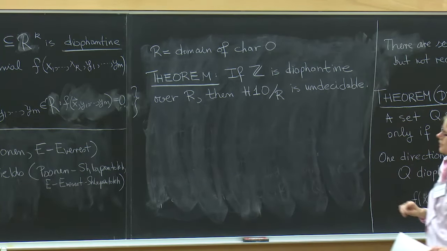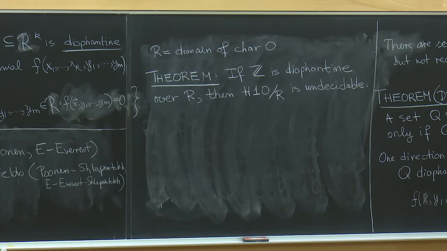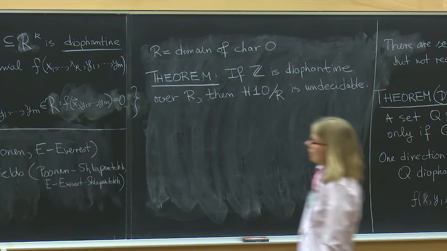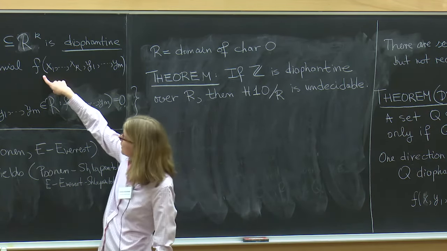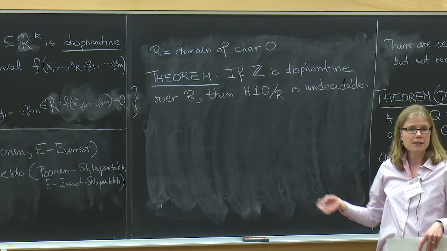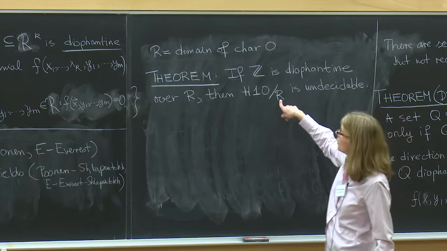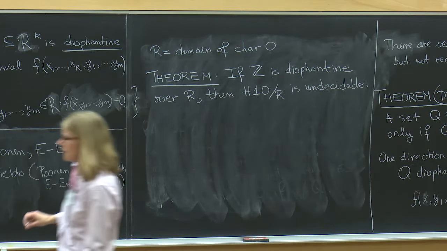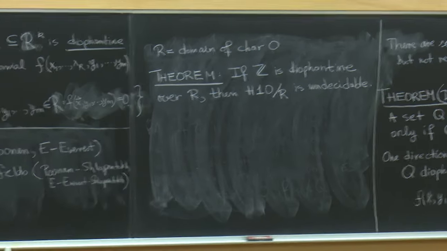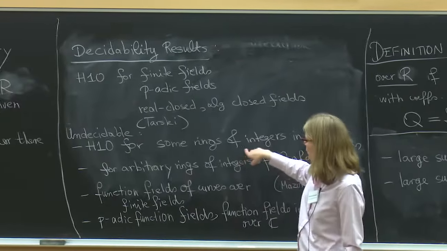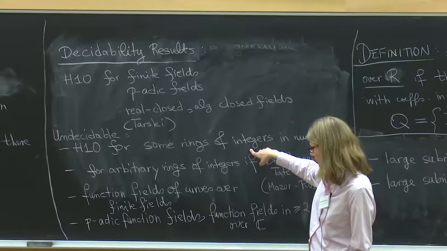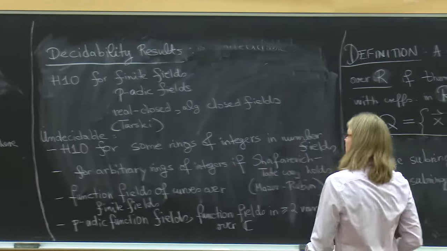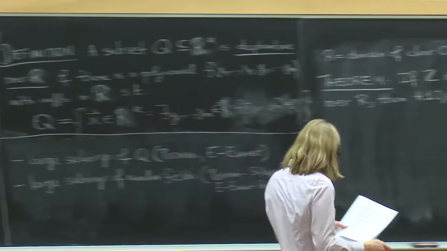That means if we can find a polynomial f inside some ring R that exactly cuts out the integers, then we immediately get undecidability for the bigger ring R as well. That is how this was proved for some of the rings of integers, and that was how the first approaches went.